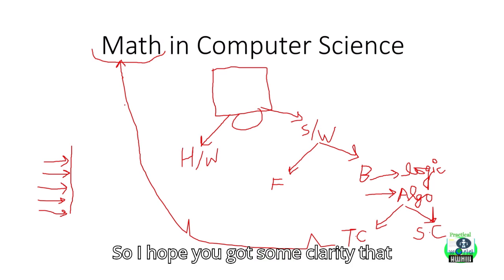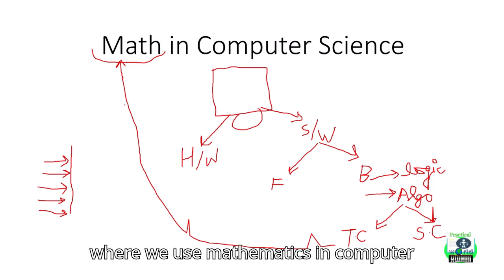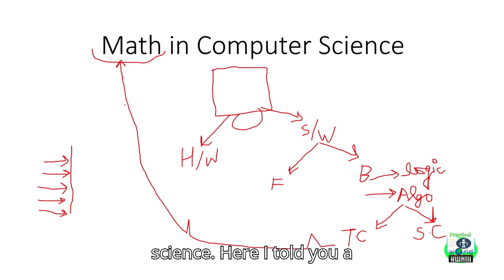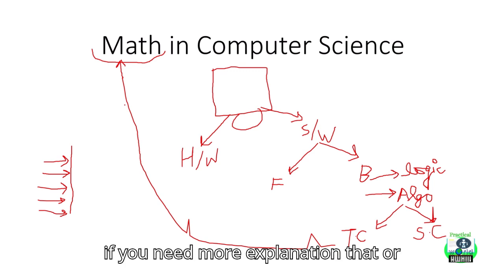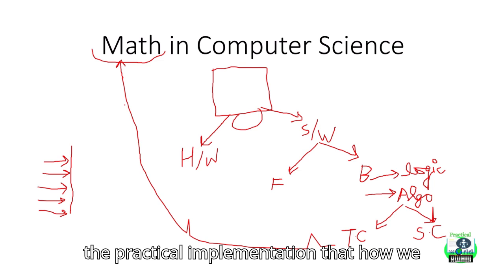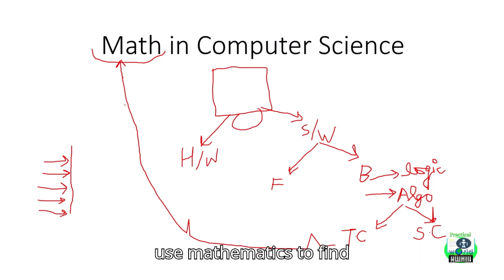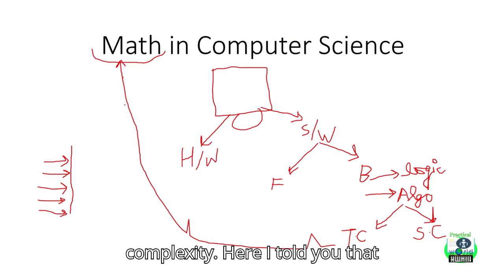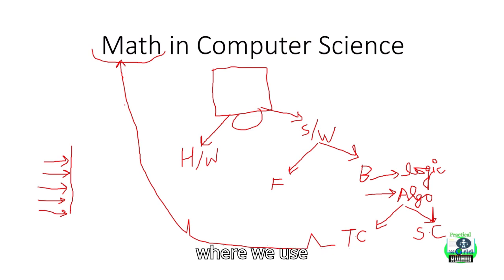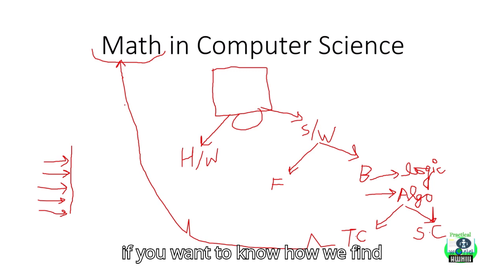So I hope you got some clarity on where we use mathematics in computer science. Here I told you a basic example, and if you need more explanation or the practical implementation of how we use mathematics to find complexity, please comment.